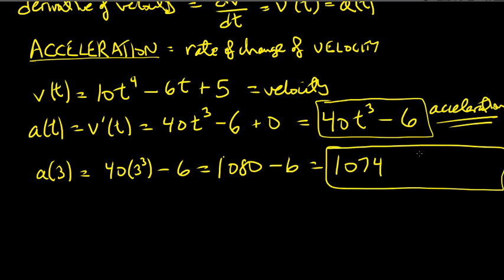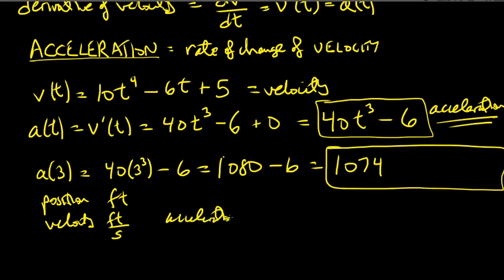And what are the units here? So if position is in feet, in this example, velocity is feet per second, then the acceleration tells us how fast the velocity is getting faster.